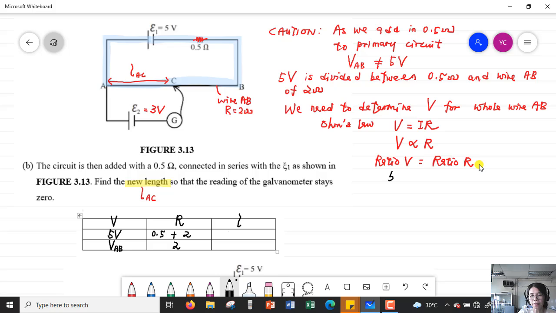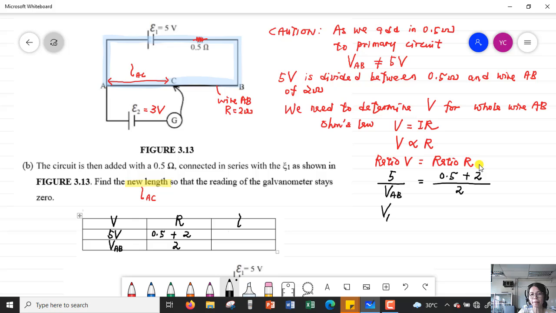So teacher has 5 divided by the voltage of wire AB equal to, so 5 volt is given to 0.5 and 2 ohm. So for wire AB only, the resistance is 2 ohm.